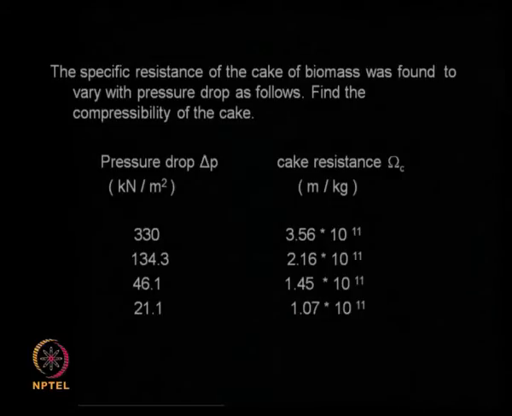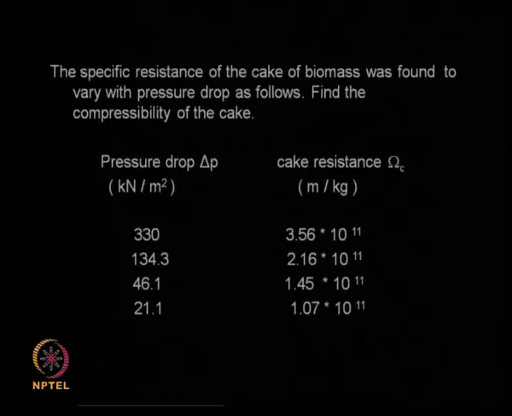So if you want to know whether your cake is compressible or not, what do we do? We perform the experiment at different pressures and then see what is the resistance offered by the cake, that means cake resistance. Okay. So from that we can find out whether the solid which you are going to filter is compressible or is not compressible.